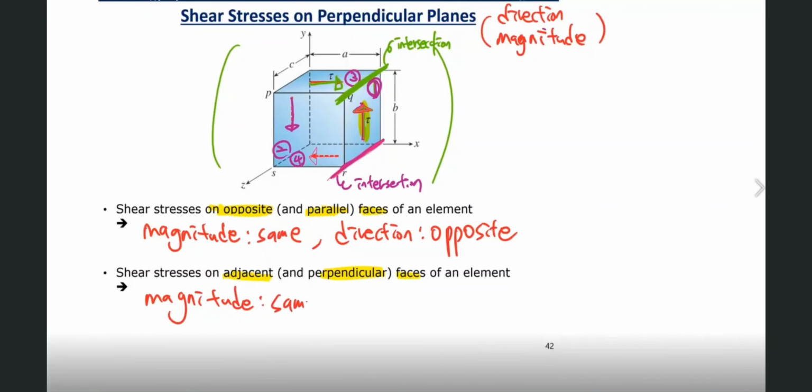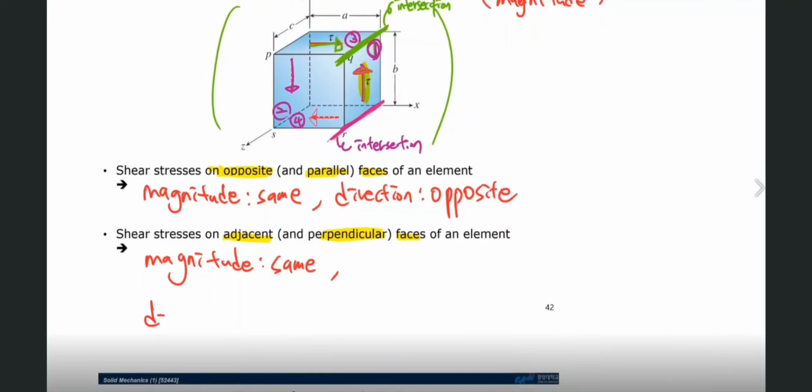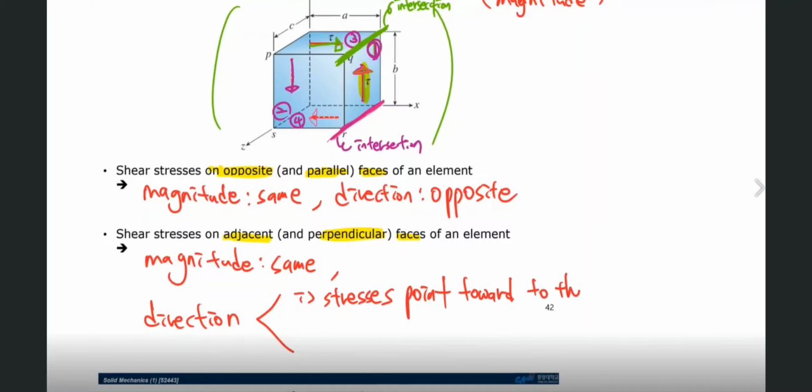should be the same. The direction, we have to consider two different cases. One is for stresses that point toward the line of intersection.